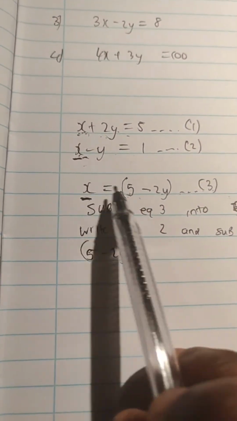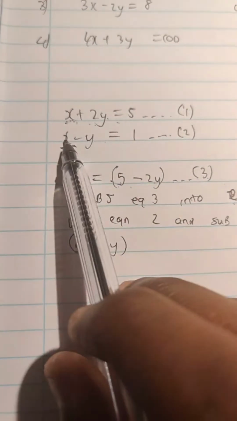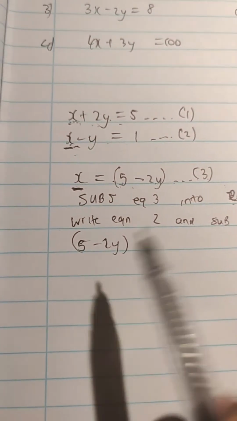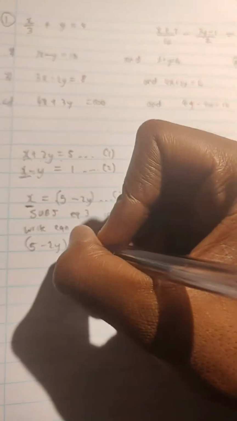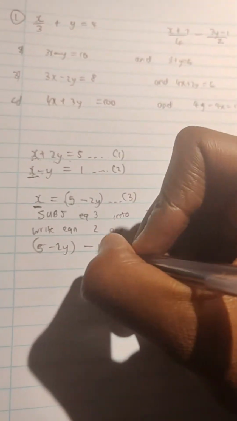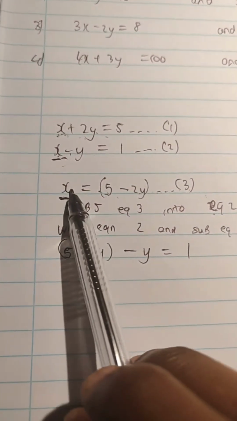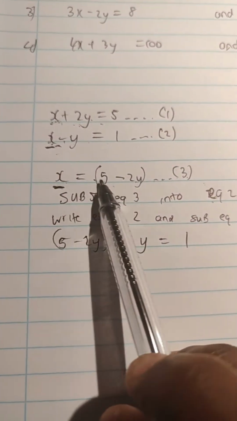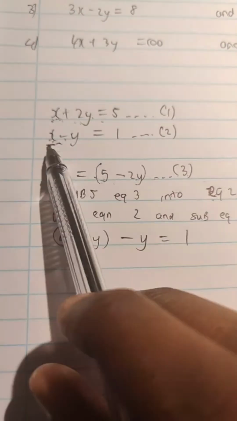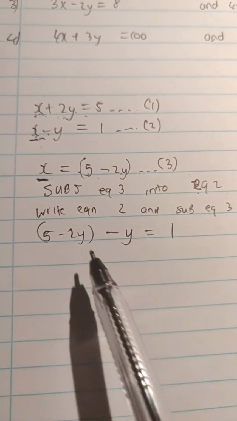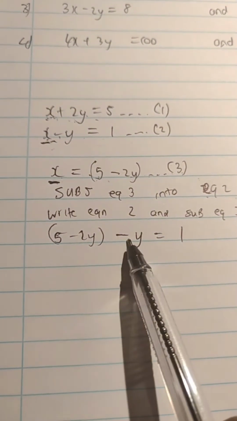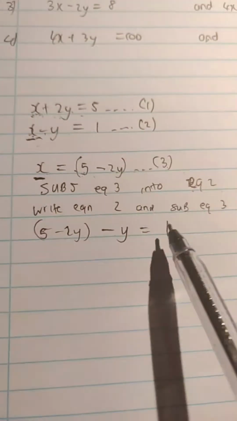This x has been replaced by 5 minus 2y in brackets. Then we follow it with minus y is equal to 1. So in the place of x here, we have substituted 5 minus 2y in equation 2. So 5 minus 2y minus y is equal to 1.